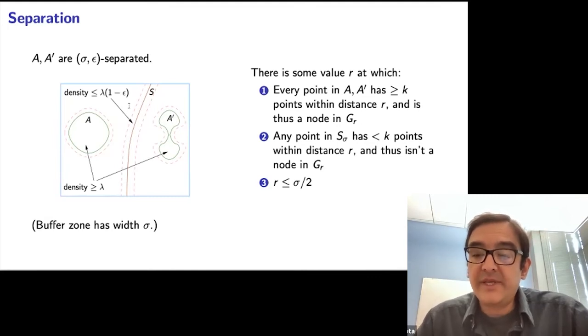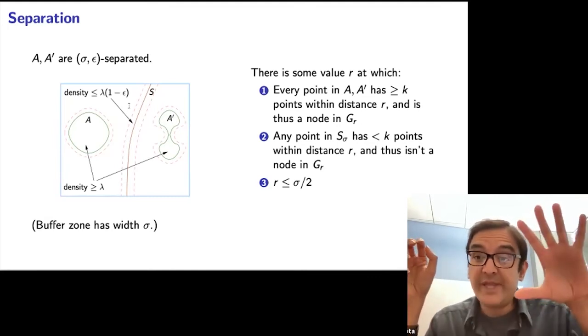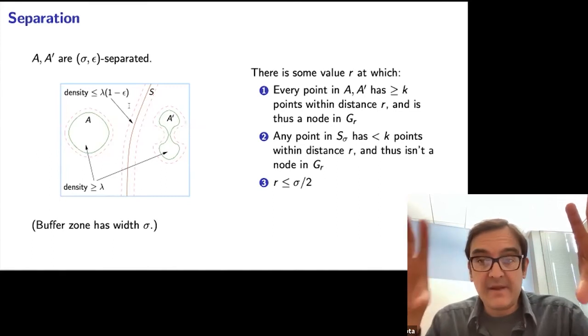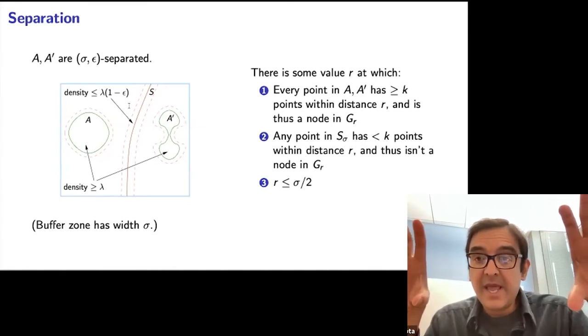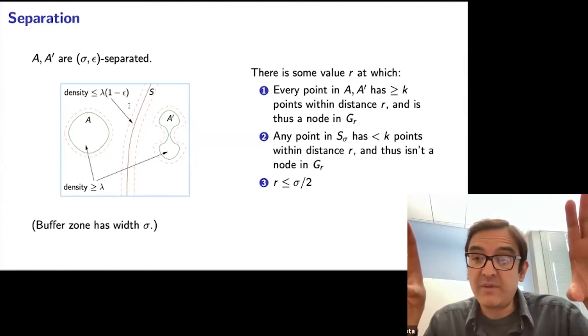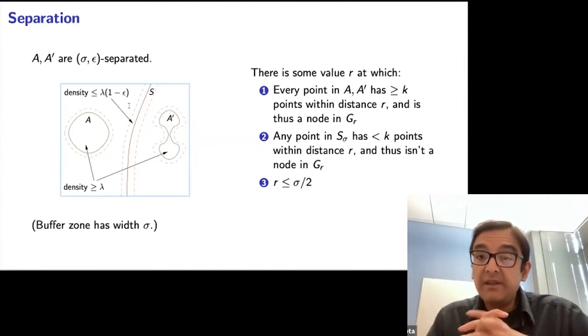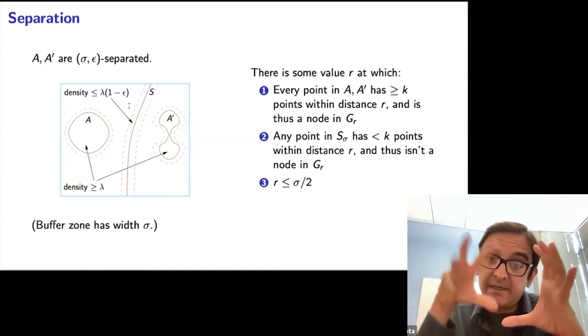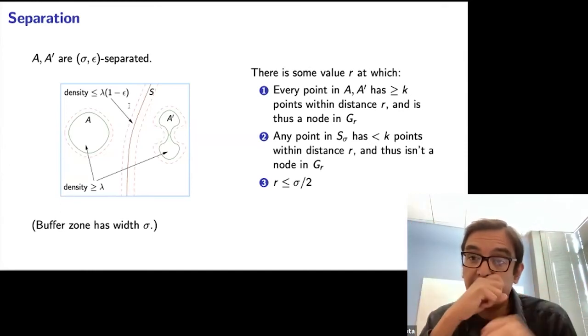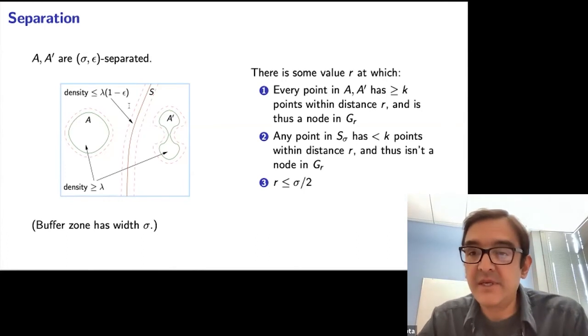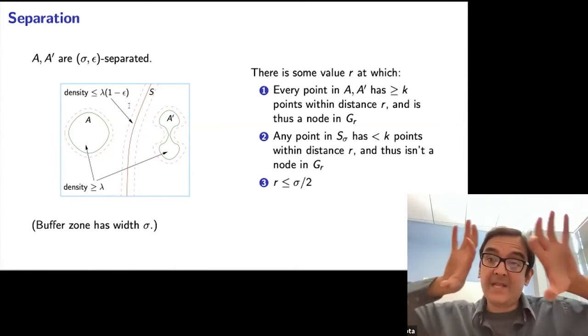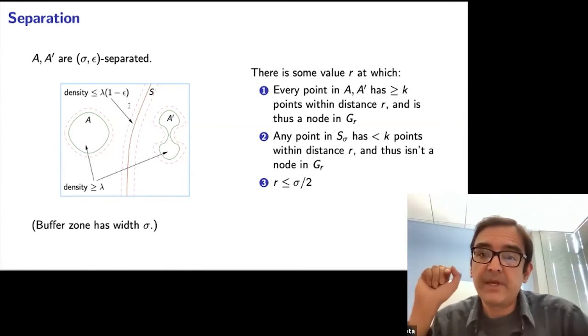There are two parts to this. The first is just to show that everything in A is active and everything in A prime is active, and that the two regions are separated from one another. That turns out to be the easy part. The hard thing is showing that A is internally connected. That's the hard part. So let's start with the easy part first, just showing that A is actually separated from A prime.